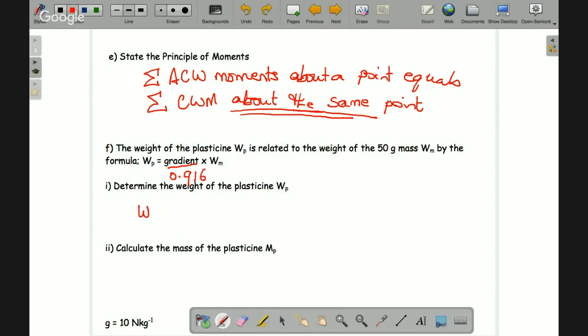So the weight of the plasticine is 0.916 times the mass, 50.